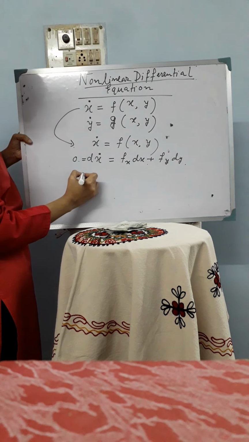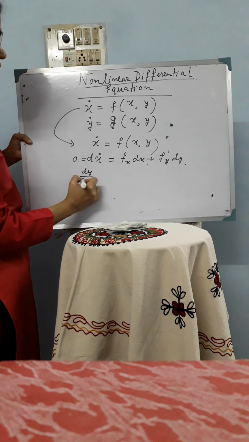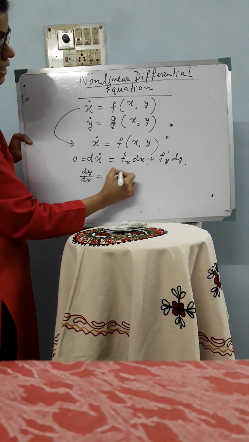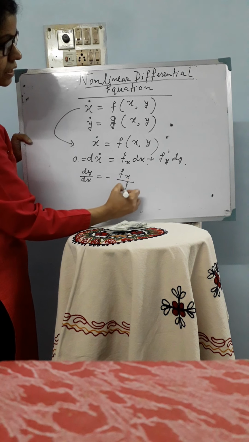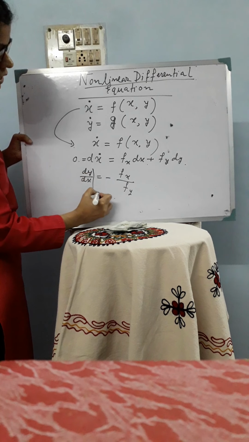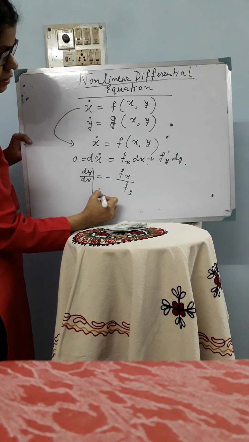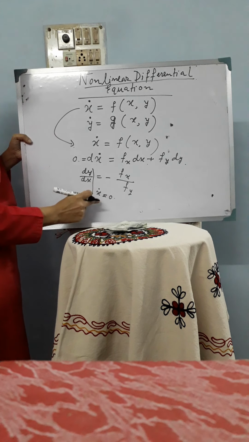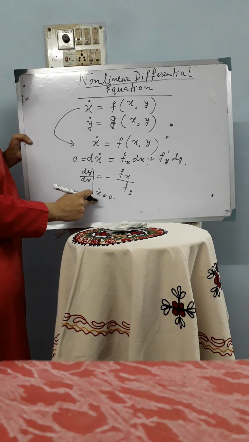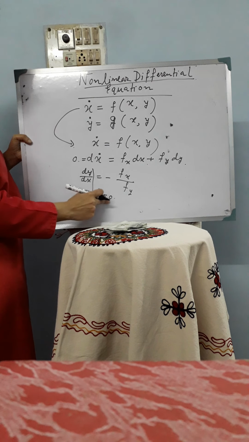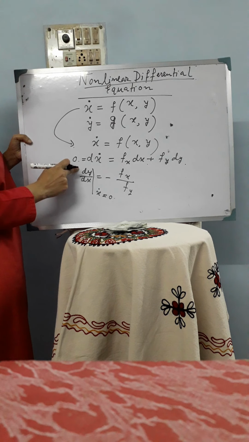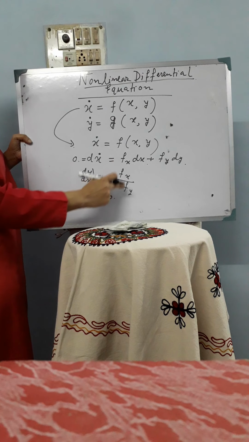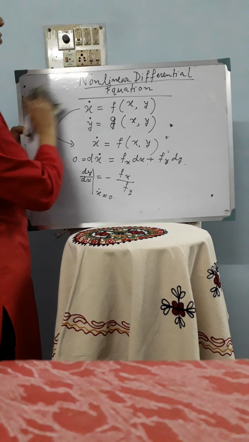So from here we can write dy/dx is equal to minus fx by fy, provided that x dot is equal to 0. So when we have stability in x, that is, there is no change in x, then x dot equals 0. In that case we get dy/dx is equal to minus fx by fy.